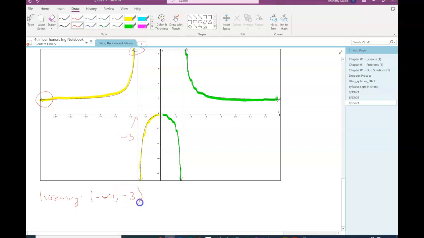So that'll be my upper bound. And now, because there's a break in the graph, there has to be a break in my interval. So I'll write a separate interval with a union attached to it. My next increasing interval starts here, which is still at -3, and ends here at 0.